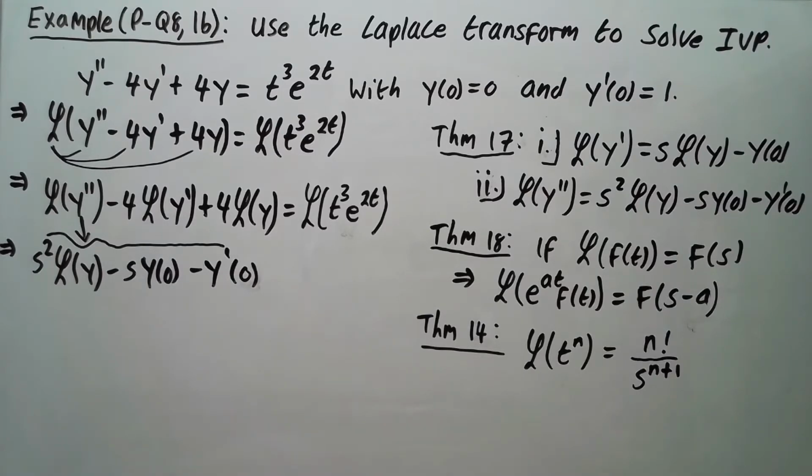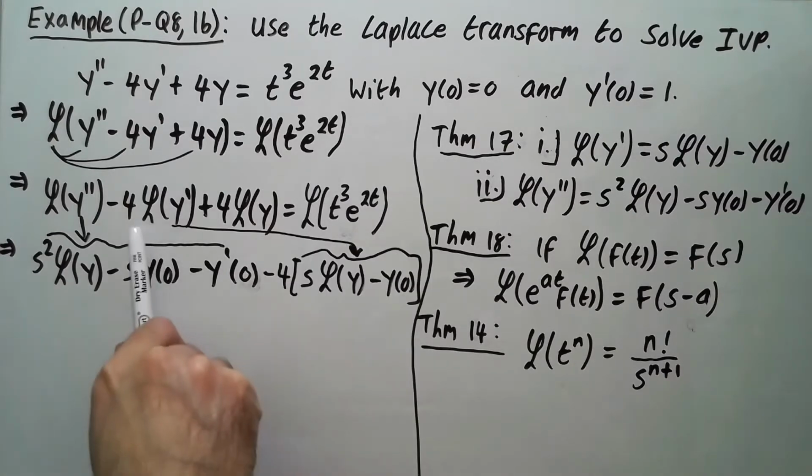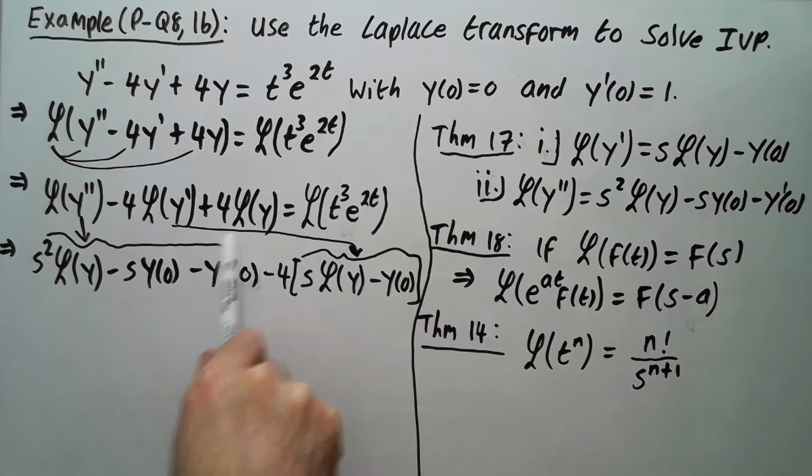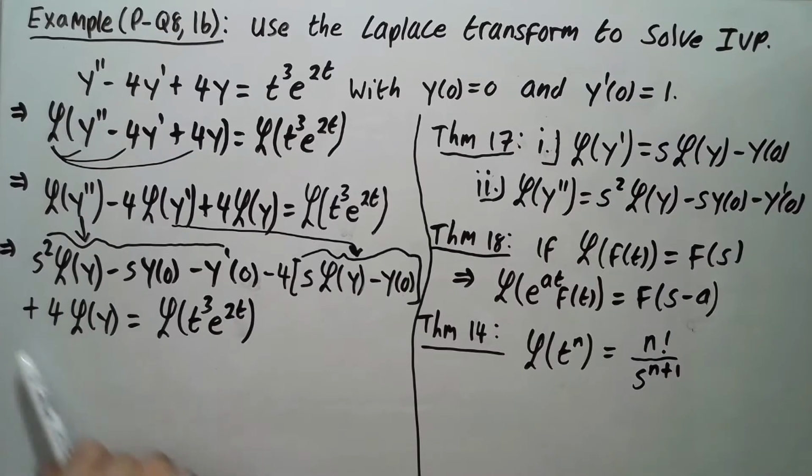So doing that we get, in place of this we can write s Laplace y minus y of 0. Then we still have plus 4 Laplace y equals this. So this will be our equation now, after we took the Laplace on both sides.